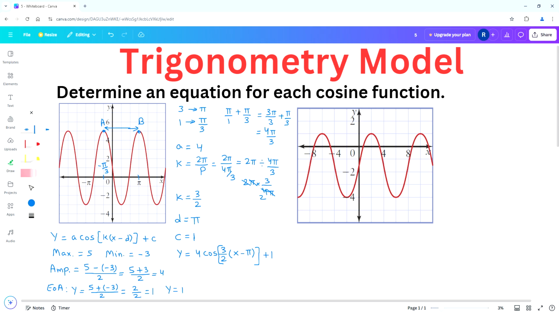Now we can analyze the second graph. Let's start by writing the general equation of a transformed cosine function. As per the given graph, the maximum value for the function is 1.